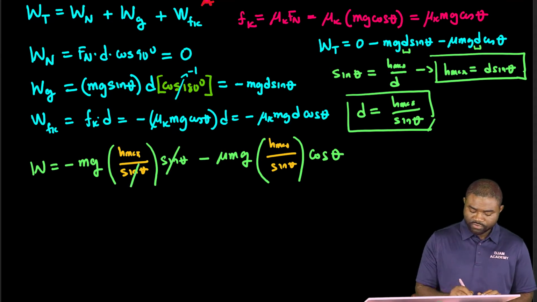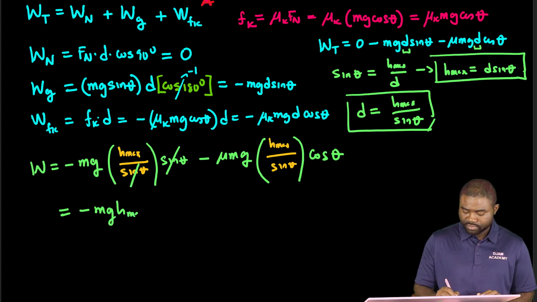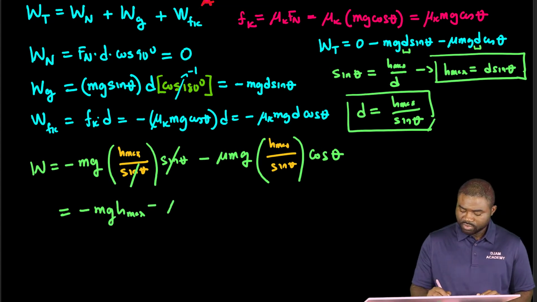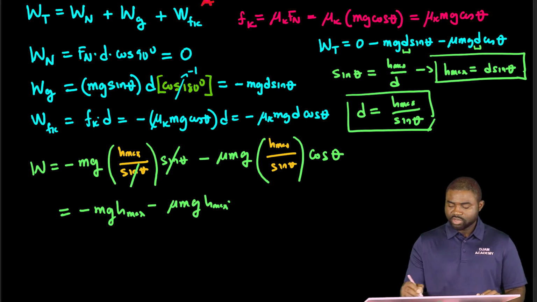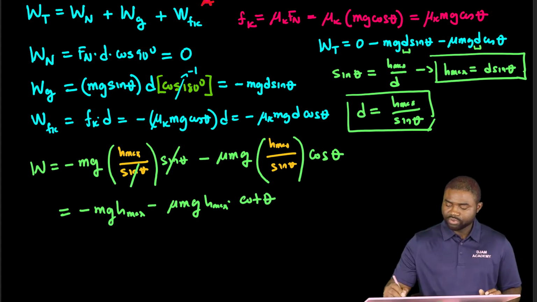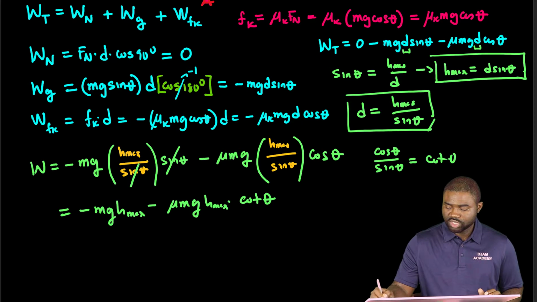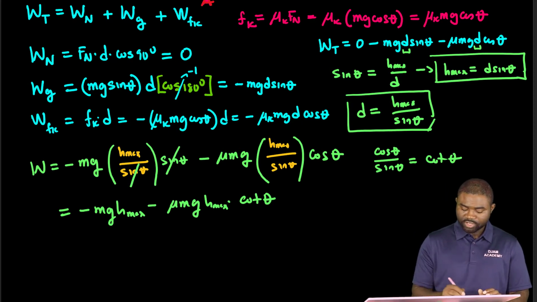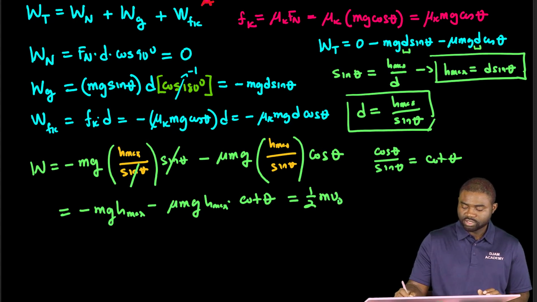Sine cancels off with sine. We have negative mg h max, negative mu mg h max, multiplied by cosine over sine, which is cotangent theta. Remember, cosine theta divided by sine theta is just cot theta. All of this is equal to 1/2 m v naught squared.